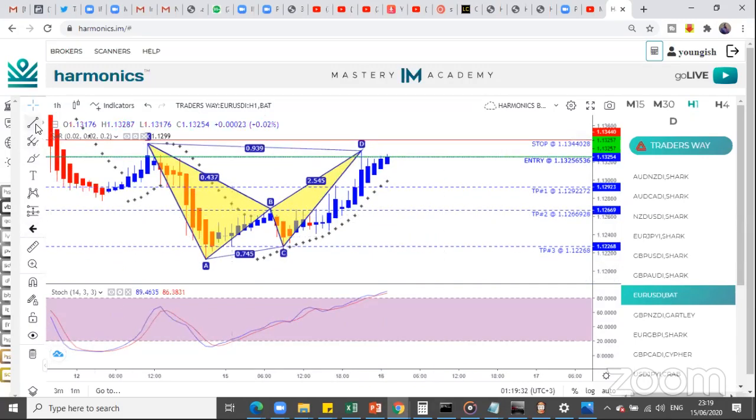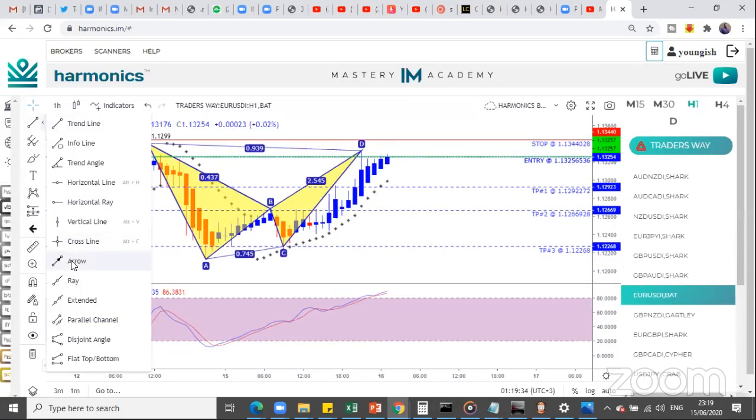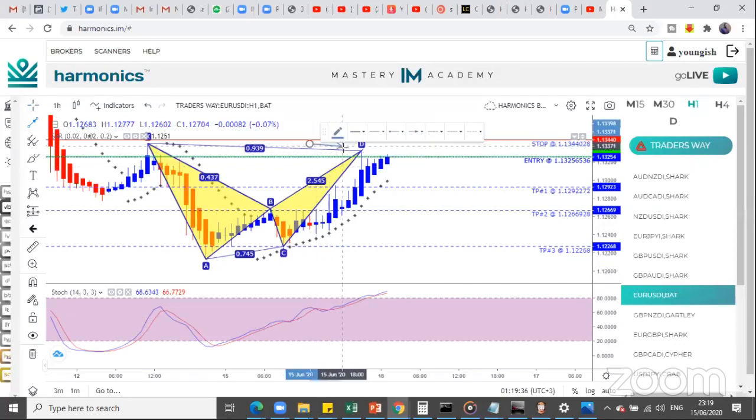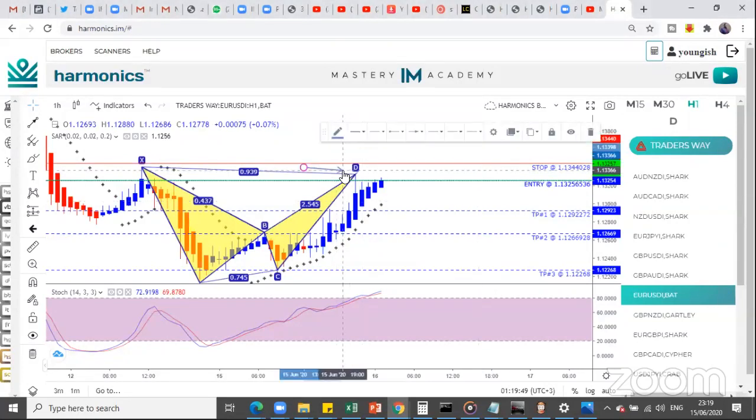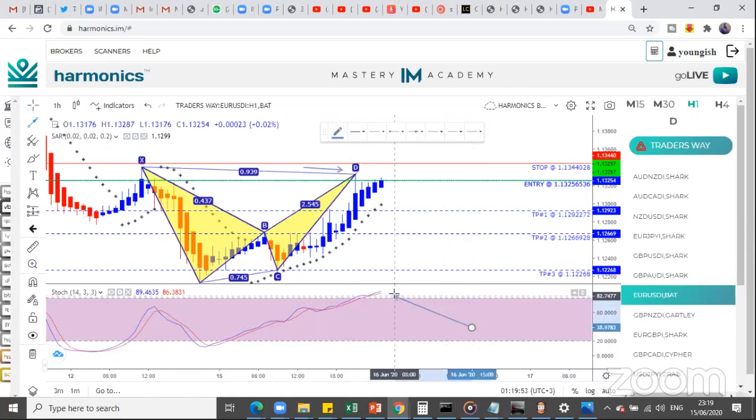So GU also, EU, the letter D is at the top. The parabolic, the D's are at the top, which is ready for sell. The stochastics is at the top.